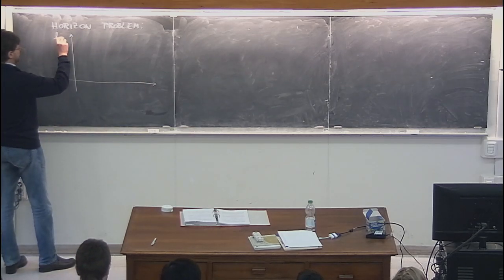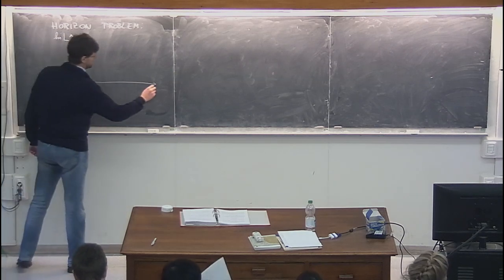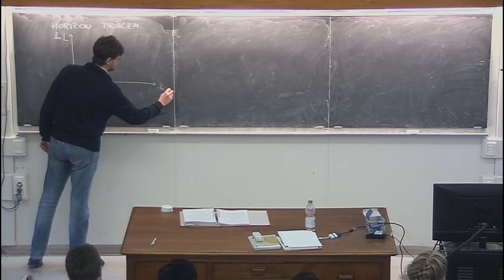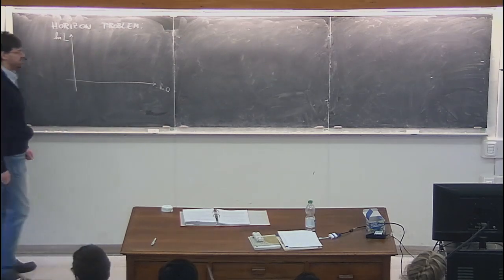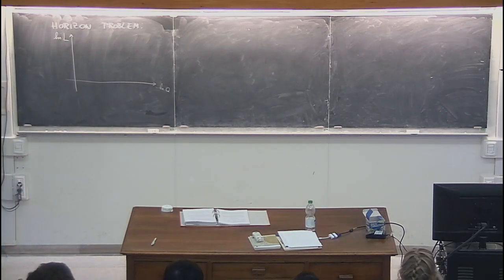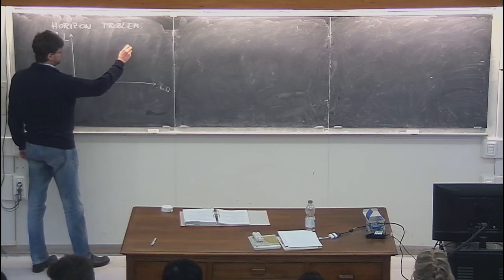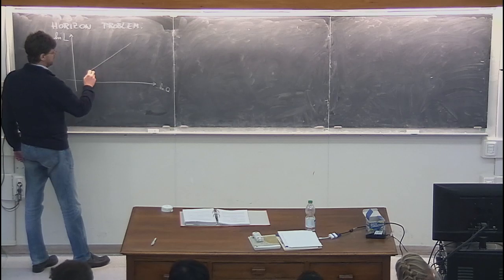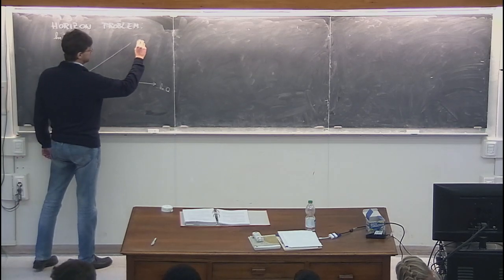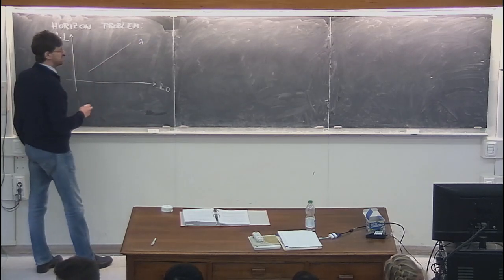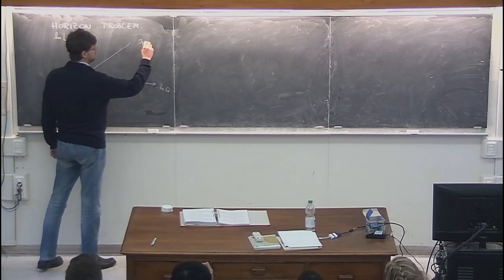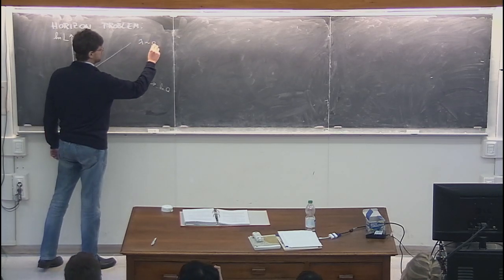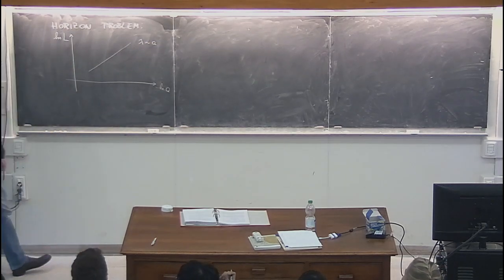So here I have the log of a given length, and I plot it as a function of the log of the scale factor. We drew a given scale, let's say a given wavelength of a photon that is propagating in the universe, or it could also be the distance between two objects.